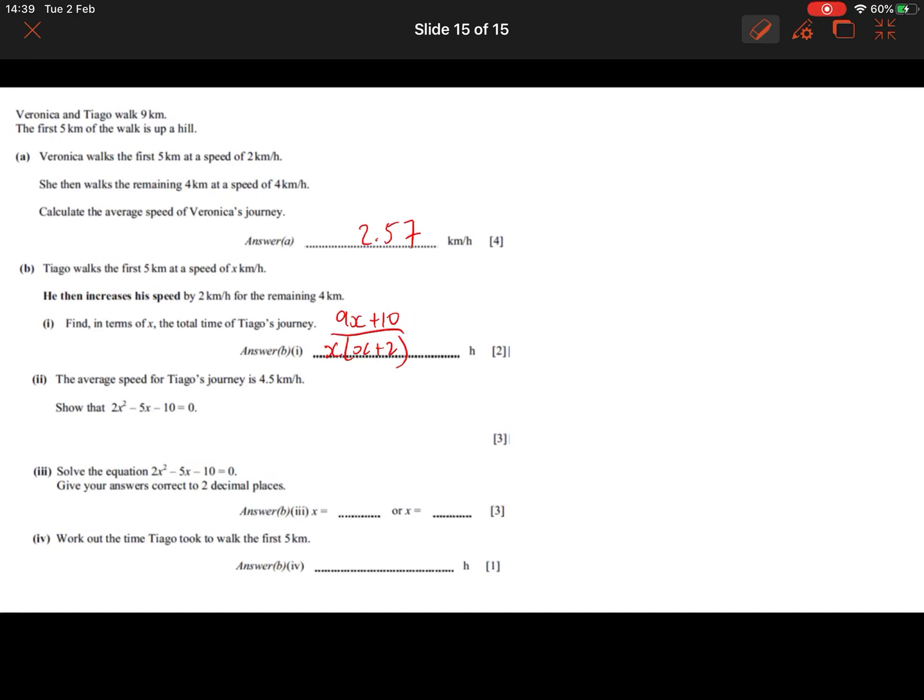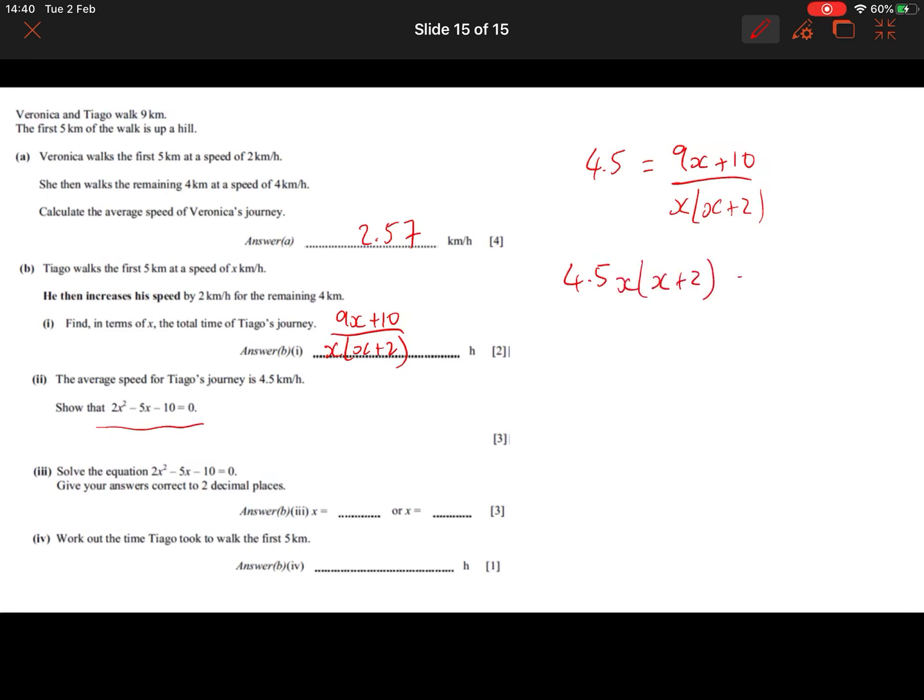Right, okay, so the average speed for Tiago's journey is 4.5 kilometres an hour. Show that this equation is true. Well, we've basically got a formula here for what the average speed is. So we can say 4.5 is equal to 9x plus 10 over x times x plus 2.